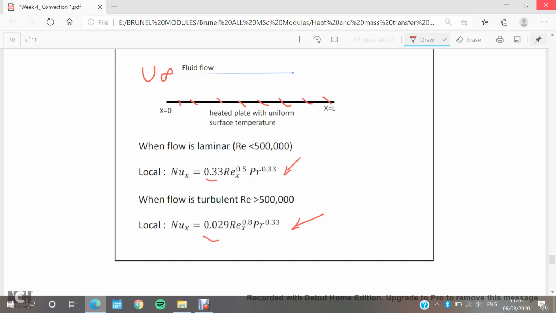You see here, when the flow is laminar, which is less than 500,000, the Nusselt number is 0.33 times the Reynolds number with a power 0.5 times Prandtl to the power 0.33, which means n and c have these values. And here, if it's turbulent, the values of n and c will be different.